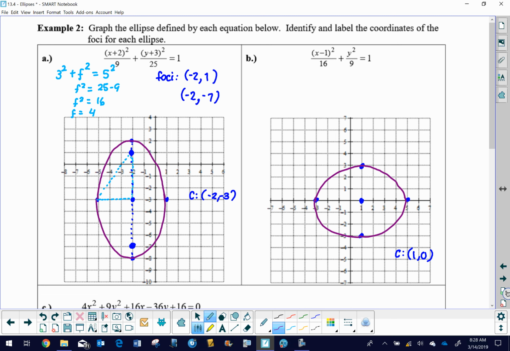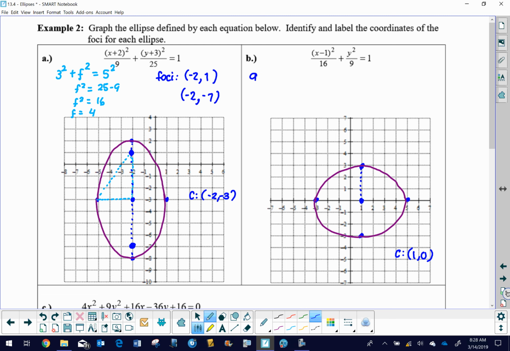Okay, now we come up to our foci, and we once again will use the same formula. You would take essentially the smaller number of your two denominators, because that's always going to be half of your minor axis squared.